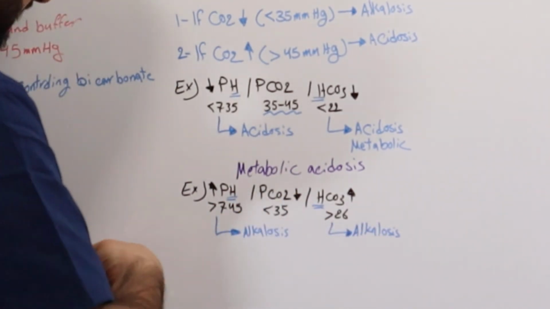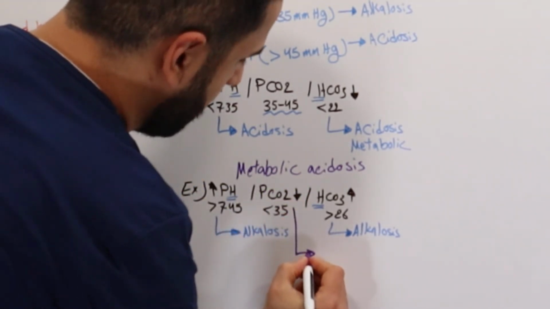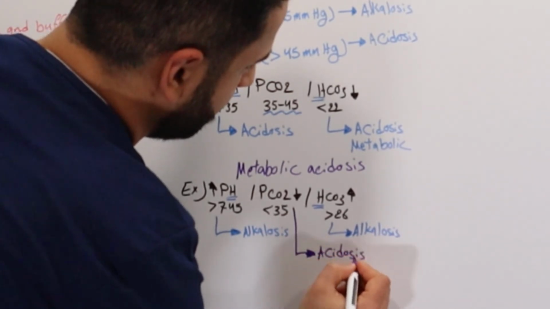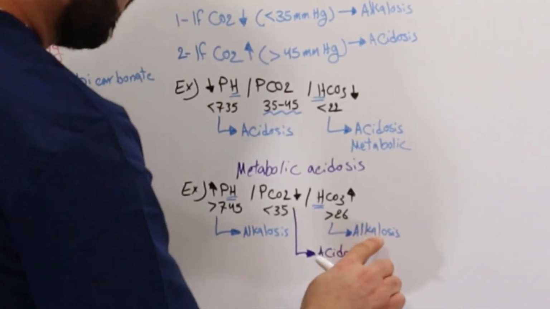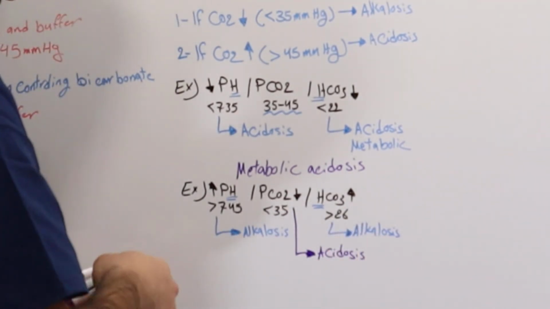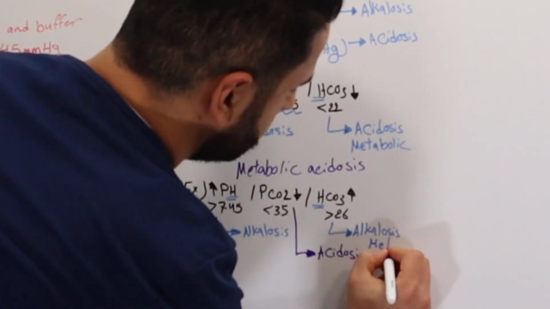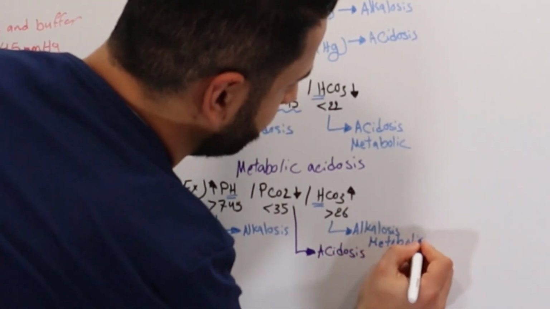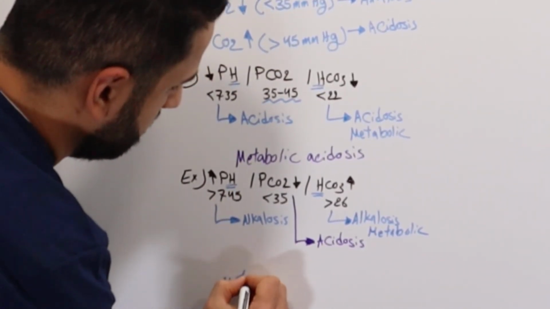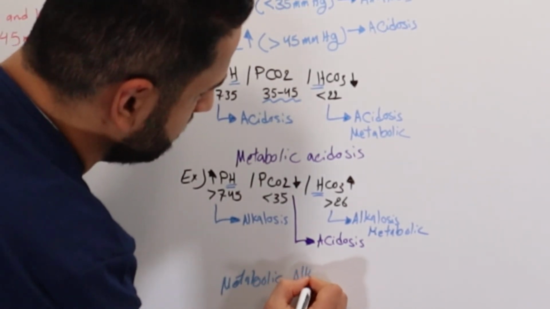The CO2 in this case, because it's decreasing, is going acidosis. So this is metabolic alkalosis. To answer this example, because this is metabolic, it's going to be metabolic alkalosis.